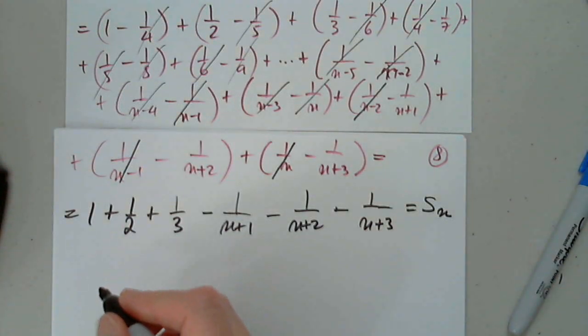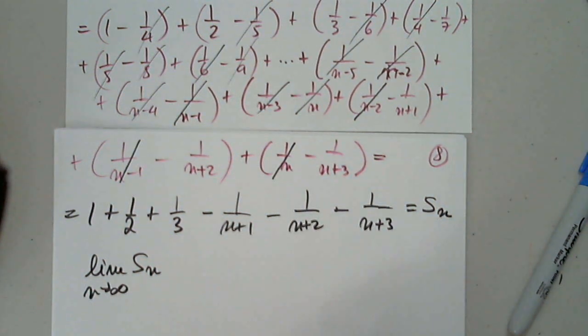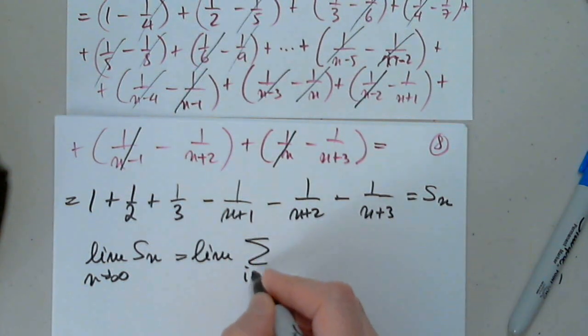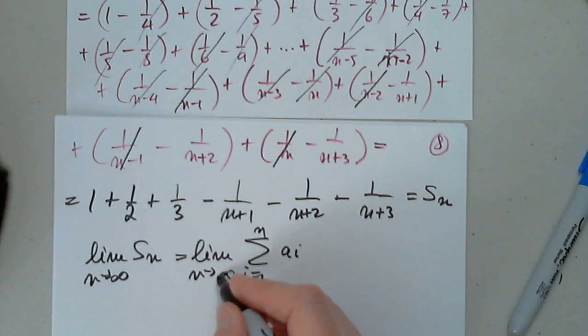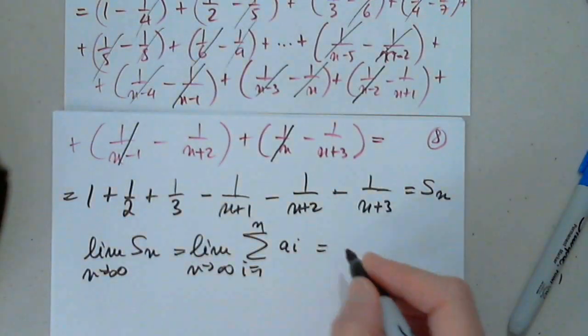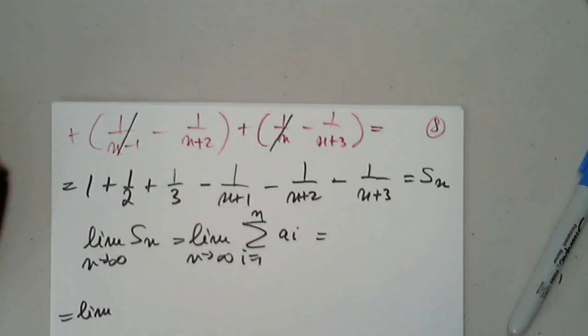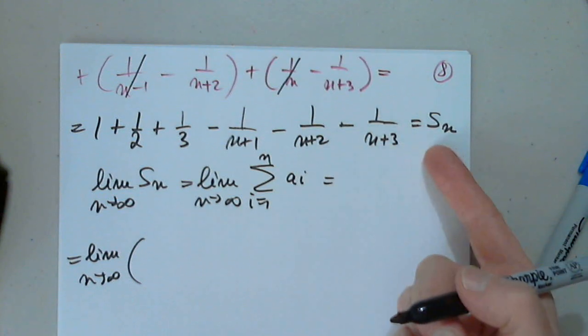Now let's determine the limit. The limit of s sub n as n approaches infinity is indeed the limit of the sum from i equals 1 through n of a sub i as n approaches infinity, which is the limit as n approaches infinity of all this.